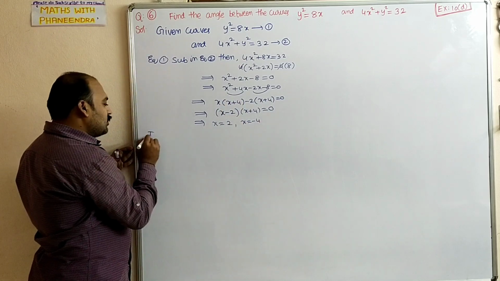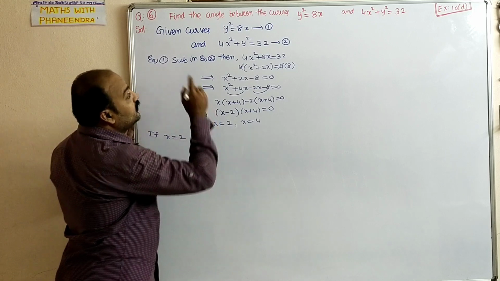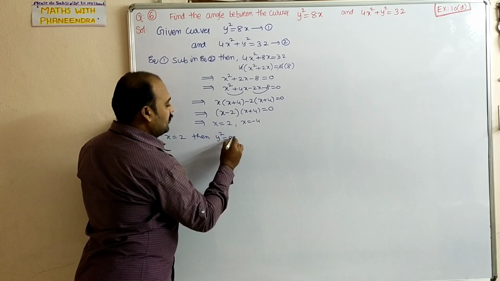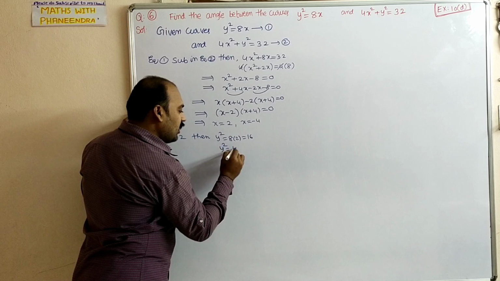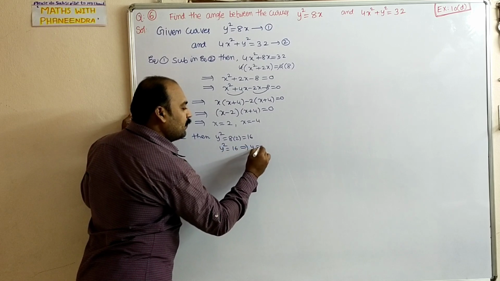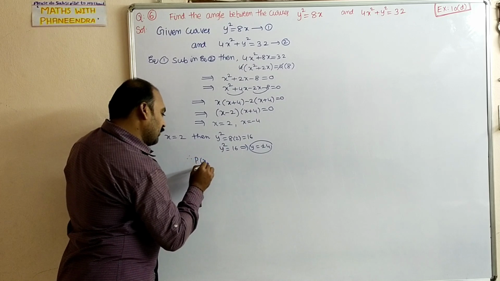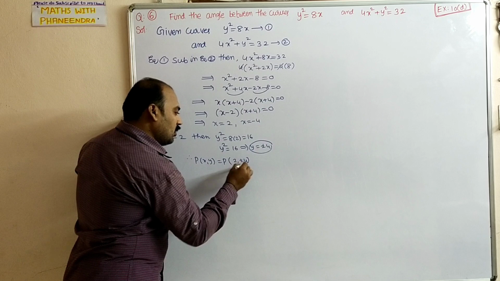If x is equal to 2, then y square equal to 8 into 2, which is equal to 16. That implies y equal to plus or minus 4. Therefore, the point P of x comma y equal to P of 2 comma plus or minus 4.